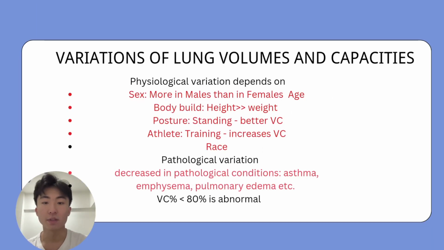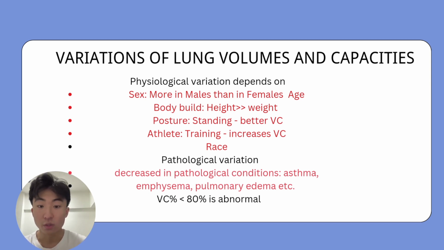This slide explains the variation in lung volume and capacity. The first is physiological factors, like lung capacity varies based on sex, higher in males, and second is age, declining with age, and body build, taller equals larger capacity, and posture, better in standing.